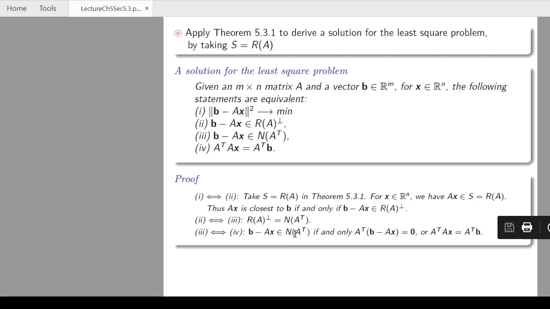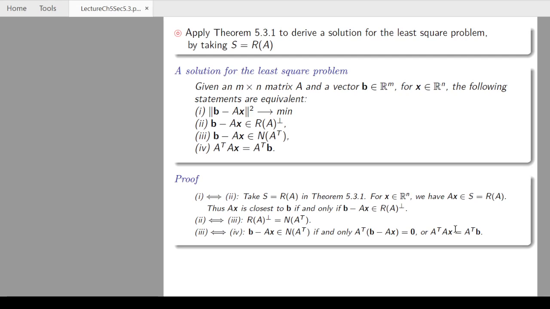Take a look at the definition of the null space of A transpose; that's necessary and sufficient. This is the same as the transpose of A times B minus the transpose of A times X equals 0. So from this we get this equation.